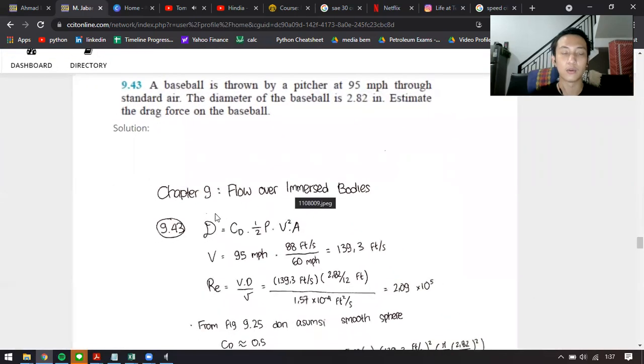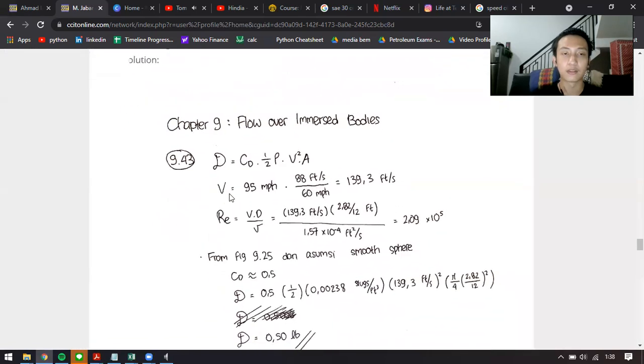So, we know from this chapter that the drag force can be calculated using the drag coefficient, C_D, times a half of the density of the fluid, times velocity squared, times A. We can convert the velocity from miles per hour to feet per second, and then calculate the Reynolds number.